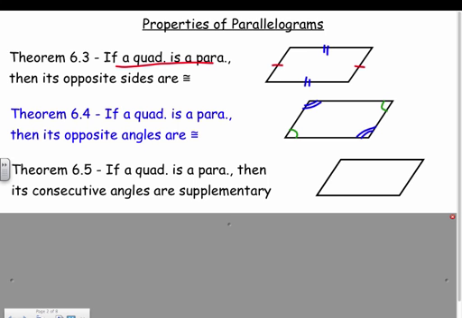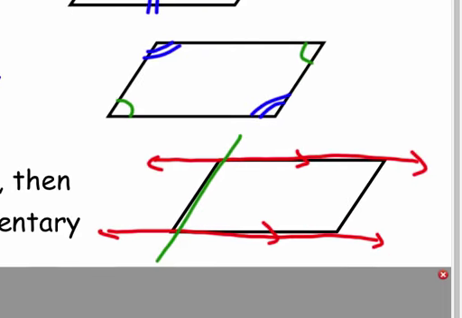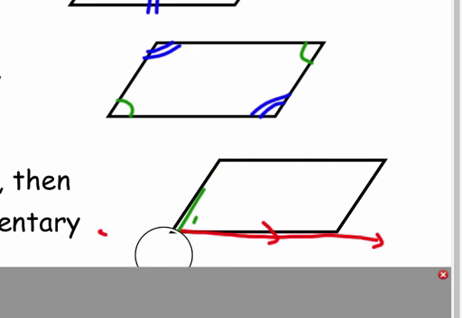Another theorem, and this should make sense going back to our consecutive interior angles. Here's a pair of parallel lines, right? Parallel, parallel. If it gets cut by a transversal, what do I know about the consecutive interior angles? They're supplementary. So consecutive angles are supplementary.